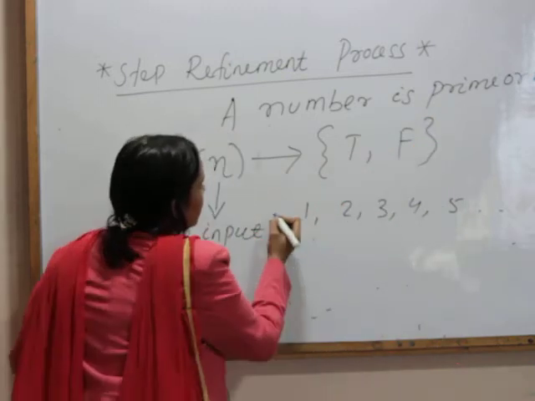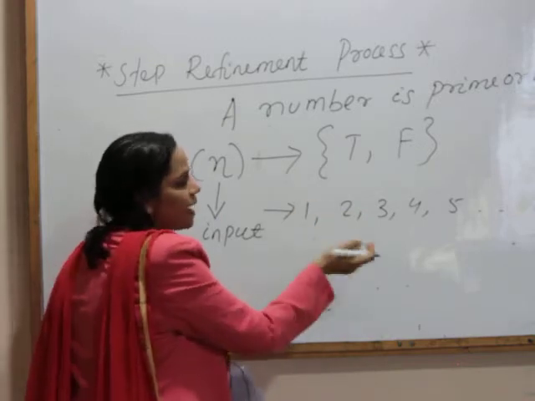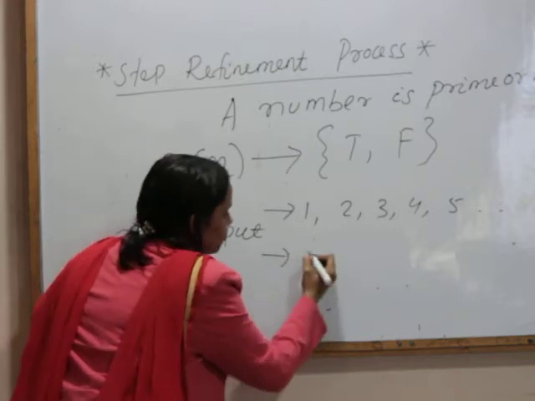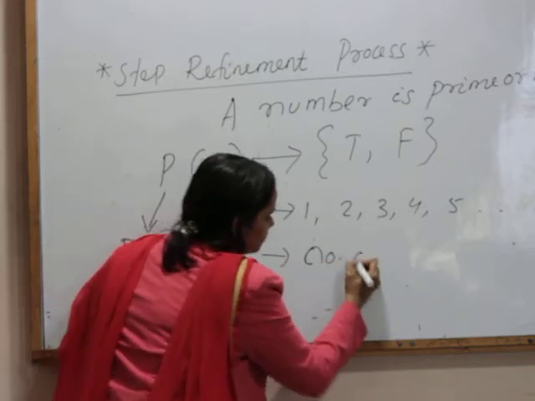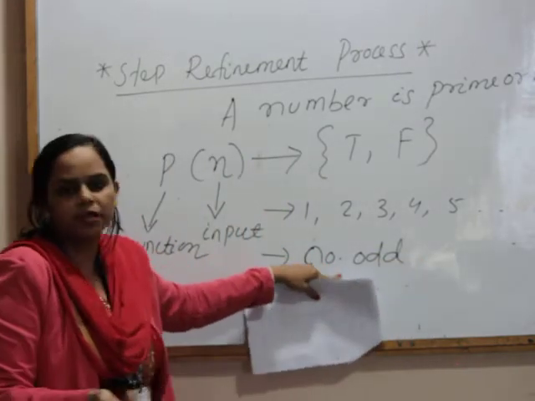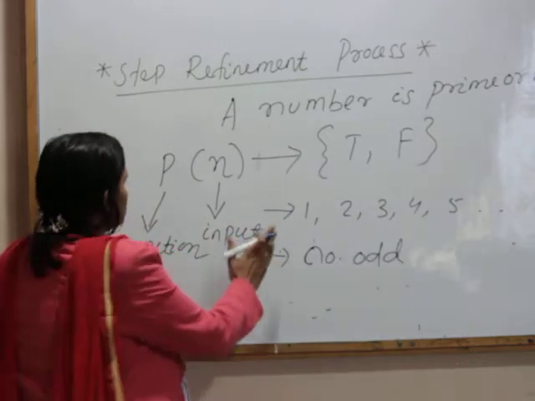From the first statement, that it is divisible by itself or by 1, we can say the number should be odd. If the number is odd, then only it can come under prime numbers, otherwise not.